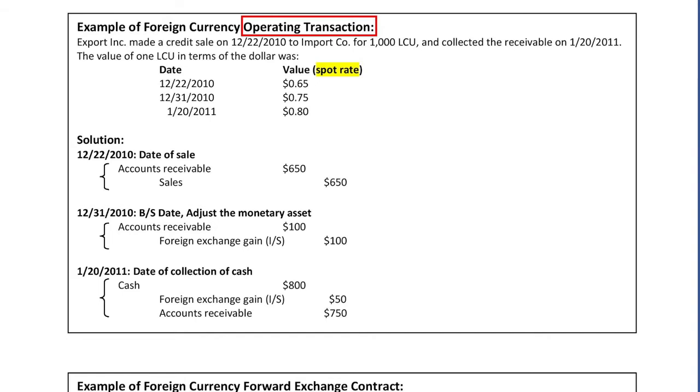So draw a bracket and write year end gain. On 20th Jan next year, when the receivable was actually collected, then the spot rate was 80 cents. So draw another bracket and write transaction closing date gain.